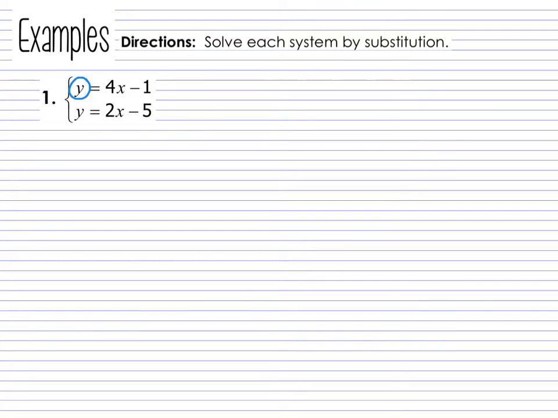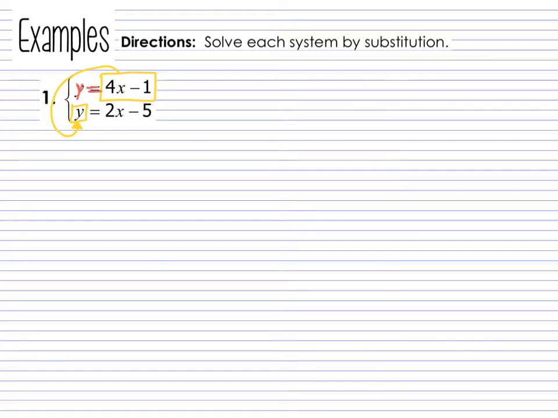So what we're doing in substitution is we're saying, okay, we know that in the first equation, y is equal to 4x minus 1. That is what y is. So since this is y, I can take that whole expression and put it in for the y in the other equation.